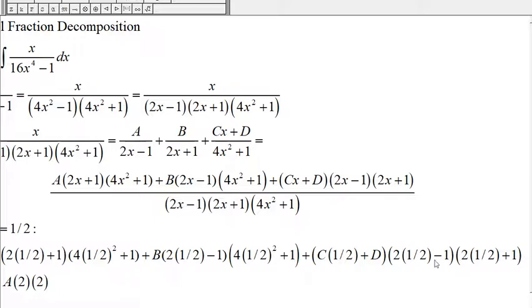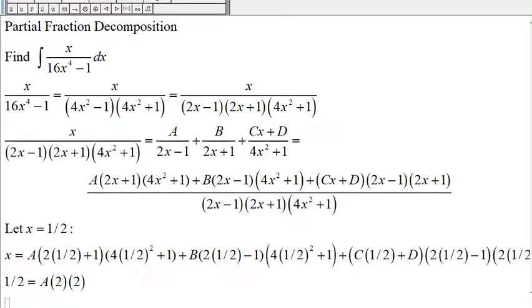That'll make this whole thing right here 0. So we get 1/2 equal to 4a, and then divide both sides by 4. Then we get a to be 1/8.